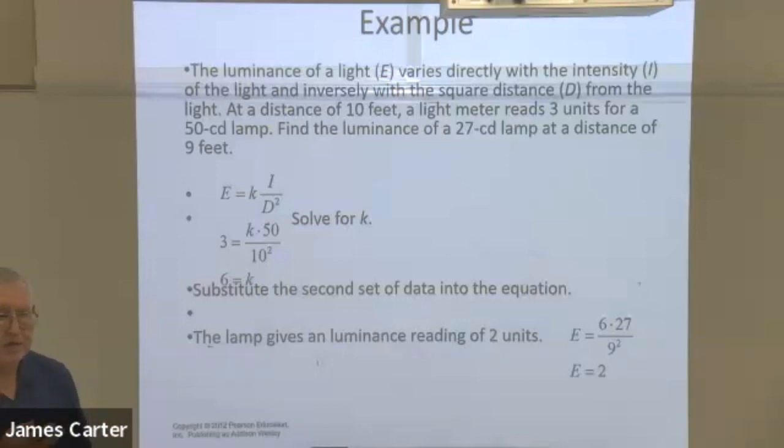The wattage is how much electricity is used. The luminance is how bright it is. Okay? So that's a consumer thing. And then here's the distance. Well, you solve this. 50 over 100 is a half. And a half times, or half, so you take 2 over 1 times both of these, and you get K equals 6.